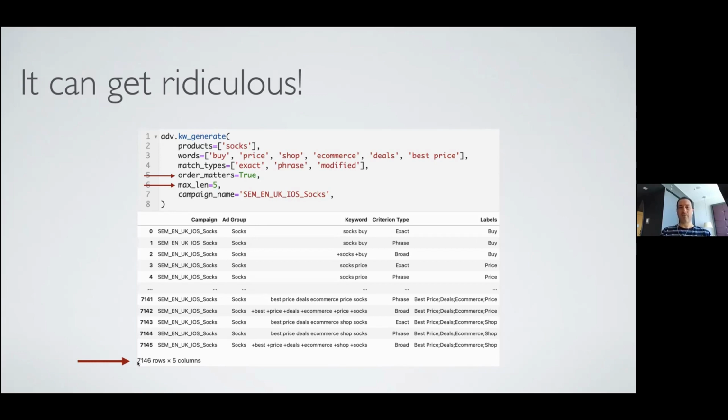Many times you have those like 4 or 5 products in your account that are really, really big, massive volume, and very deep combinations of keywords. So for those 3-4 products, maybe you want to go with maximum length 4 and order matters true. It's up to you, but I'm just showing you what is possible and how big it can grow.